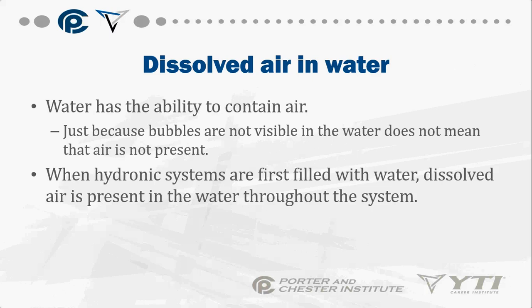If we do not remove air from a hydronic system, we actually will create blockages in the piping system, hot and cold spots. Air is bad in hydronics. We can corrode pipes, we can burn out circulators, we can burn out zone valves. So we have to have means to get that air out.